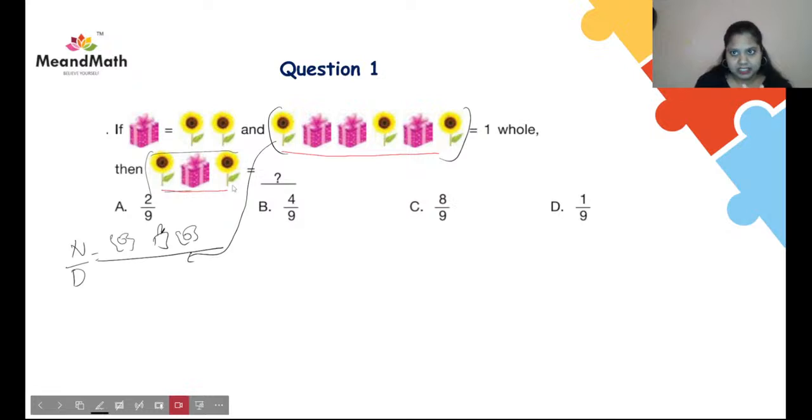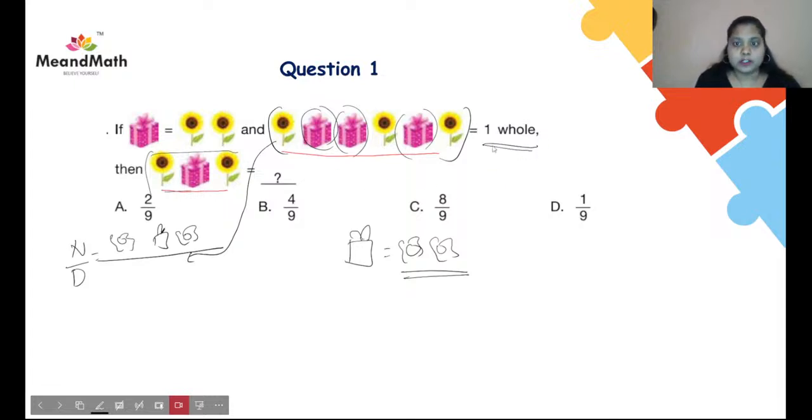But first they have given us that one gift box equals 2 sunflowers. Now here we can see that there is one gift box, another gift box, another gift box. Now we are going to replace wherever there is a gift box with 2 sunflowers. So first we'll write down whatever is there as one whole, because one whole is the total number of parts which comes in the denominator.